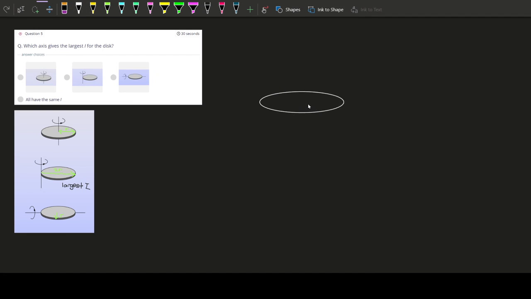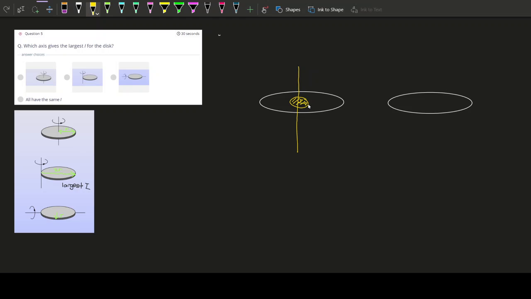So if this is my disk, then I copy one more disk. This is my other disk. So if I choose my axis of rotation to be at the center, then you can think of the mass that is near the center. Let's say the mass which has a distance of r is this much.